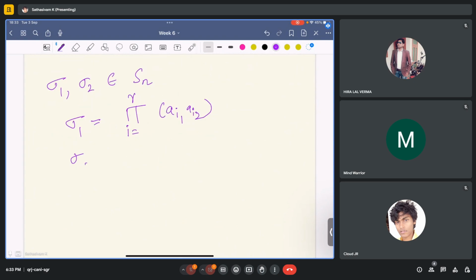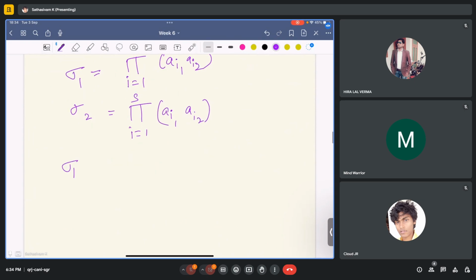And let me write sigma 2 again as a product with i equal to 1 to, let's say, s. Okay. So now if you write sigma 1 sigma 2, this will be this product, right?